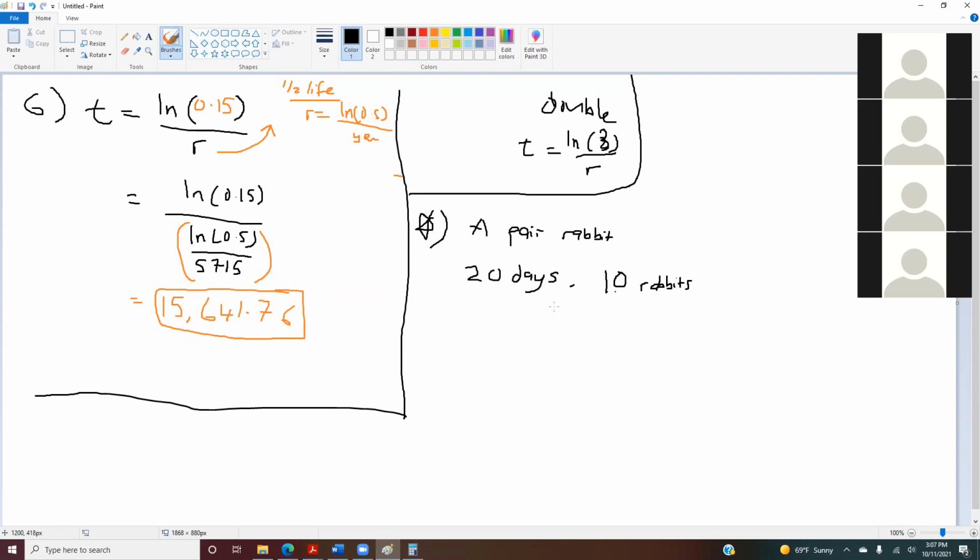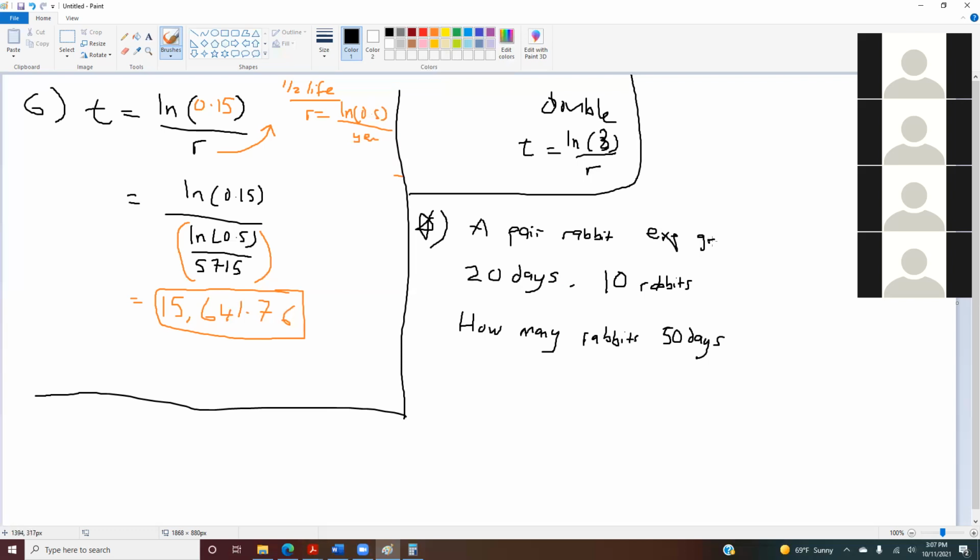So my question is, how many rabbits in, let's say, 50 days? And this is exponential growth.